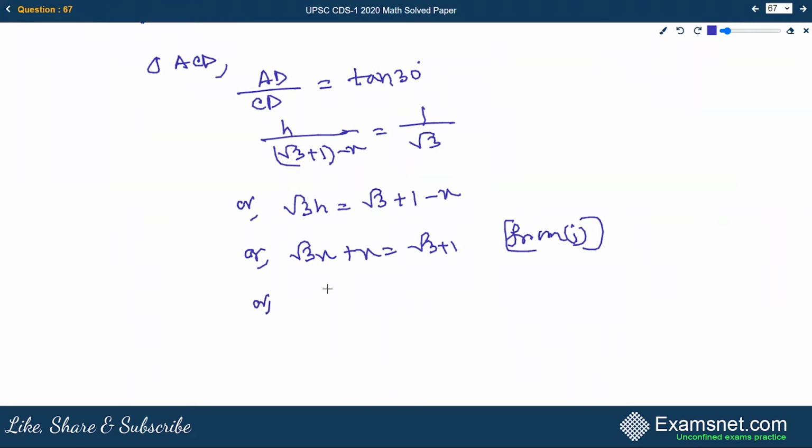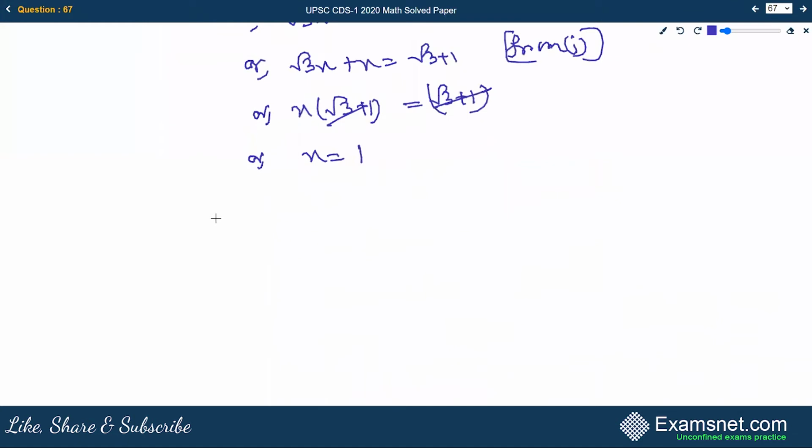After taking x common, it becomes x times (root 3 plus 1) equals root 3 plus 1. Both cancel, so x equals 1. Therefore h equals 1 also.